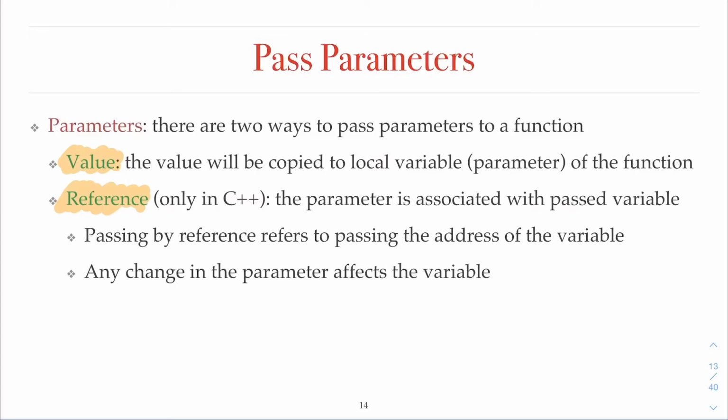Okay, in contrast to passing by value, we have another concept called passing by reference. By passing by reference, it means you are going to have a parameter as a reference, and when you pass a variable in, there's a binding between the parameter, the local variable, and the variable that you pass in, and whatever you do with that parameter will affect your variable outside.